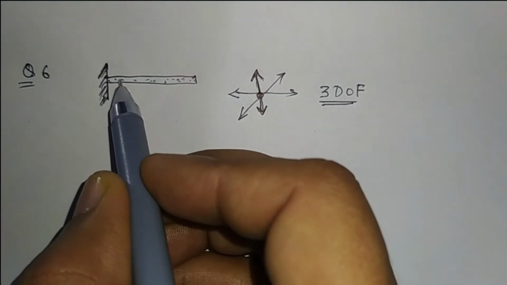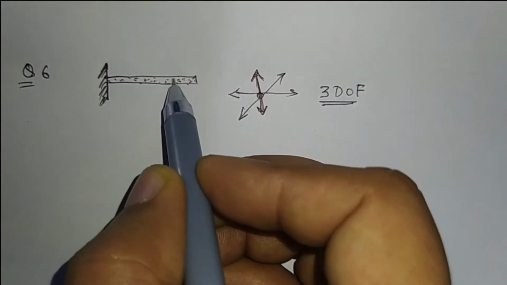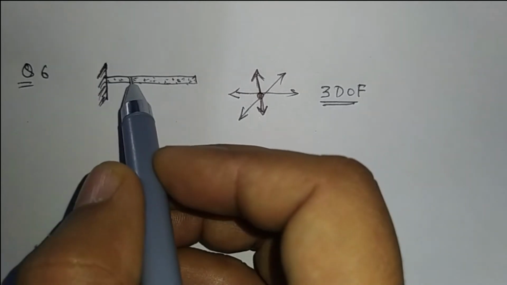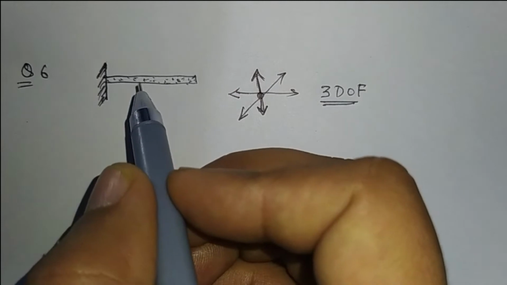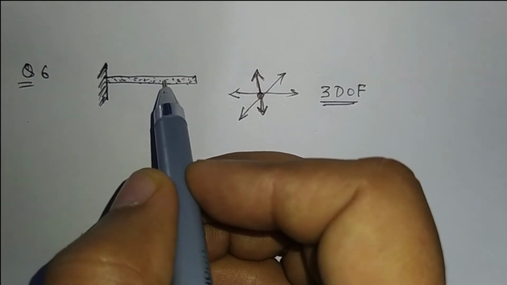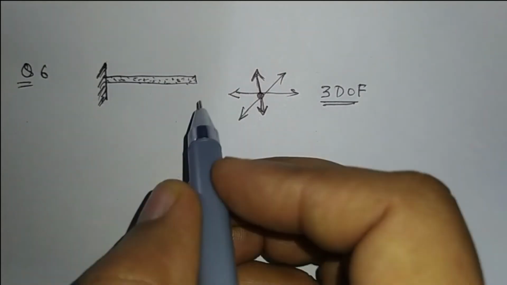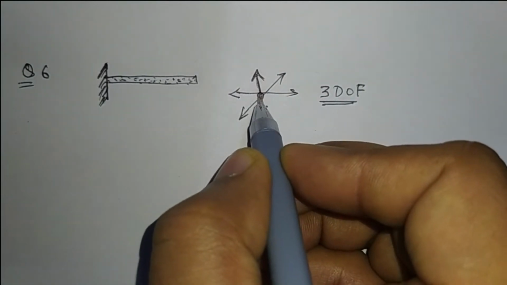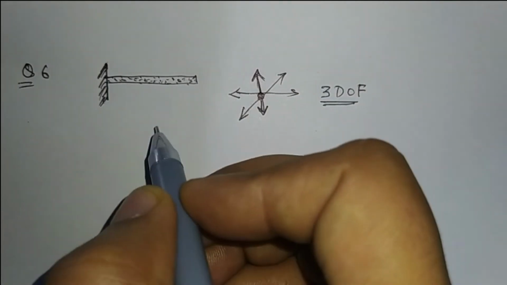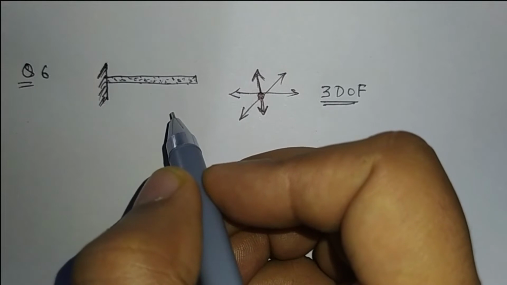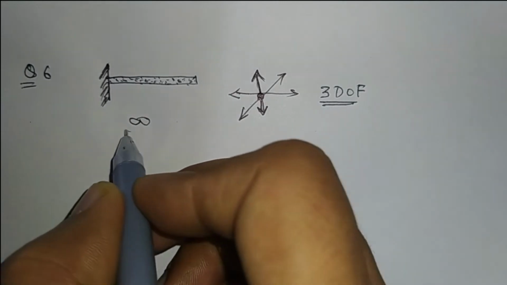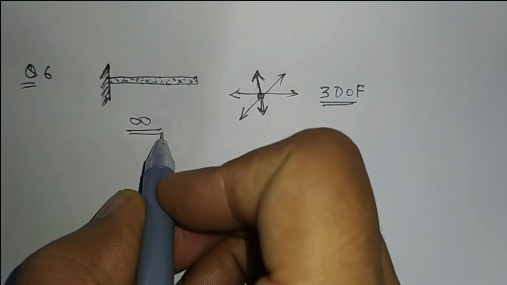Now we know that a continuous system is made up of a countable infinite number of particles. As an infinite number of particles are there, each particle has its own 3 degrees of freedom. So we can say there are an infinite number of natural frequencies for a continuous system.